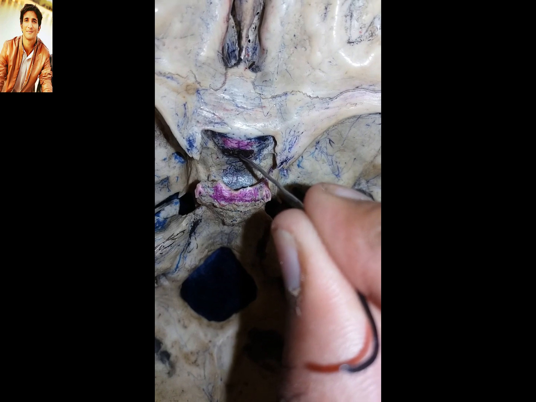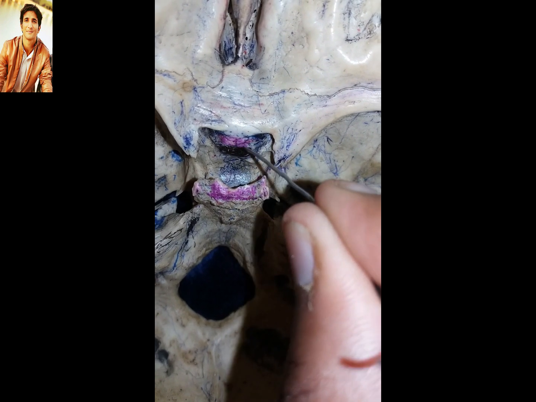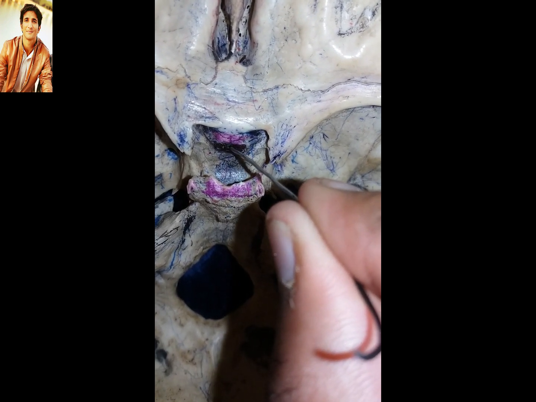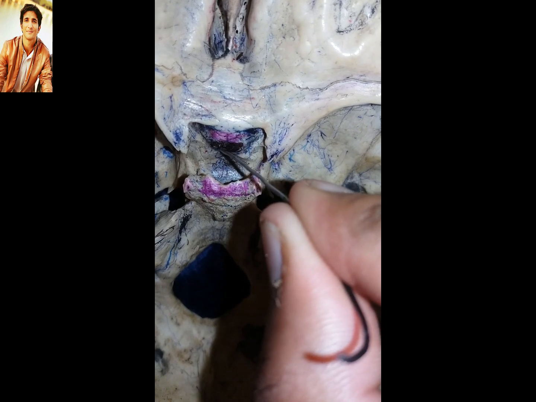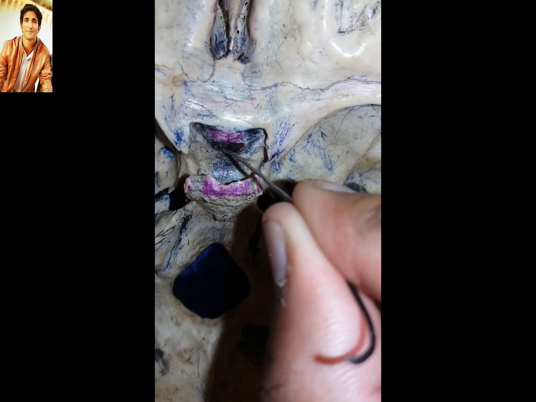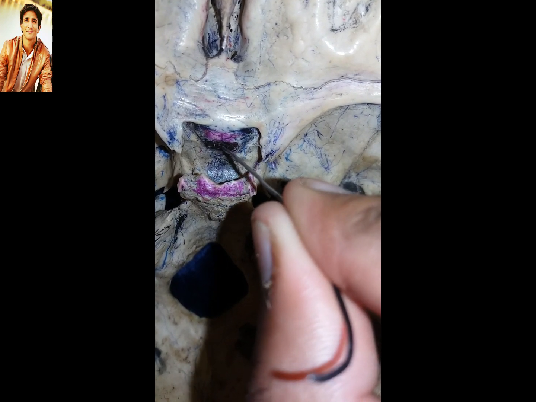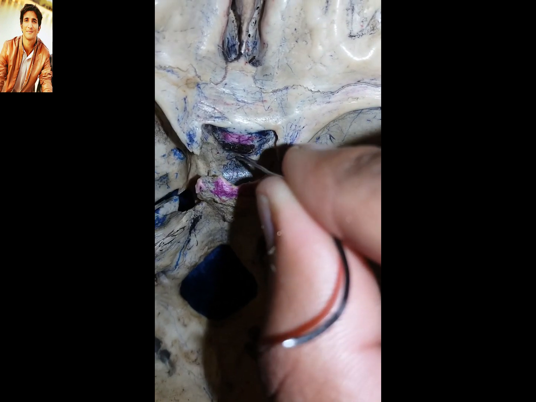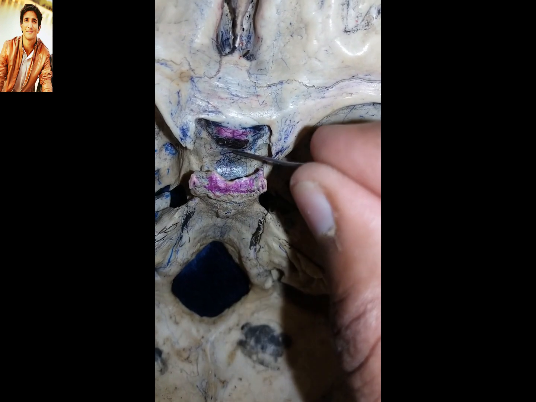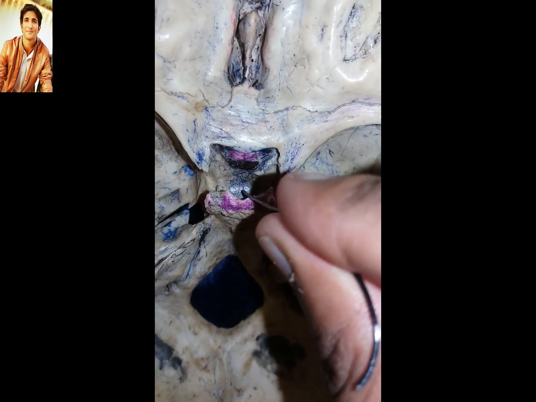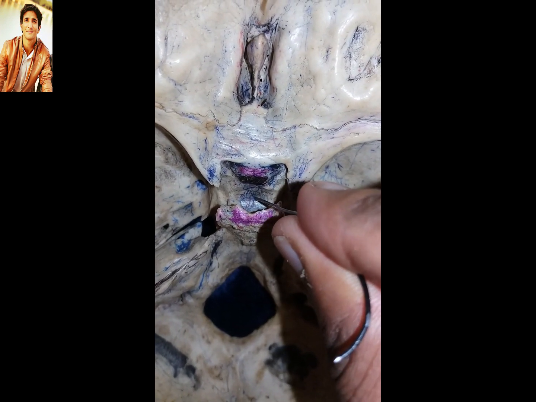Just posterior to the sulcus chiasmaticus, there is a bony extension which is named the tuberculum sellae, and just posterior to the tuberculum sellae, there is a deep depression named the hypophyseal fossa.